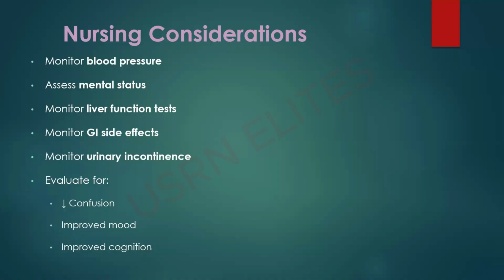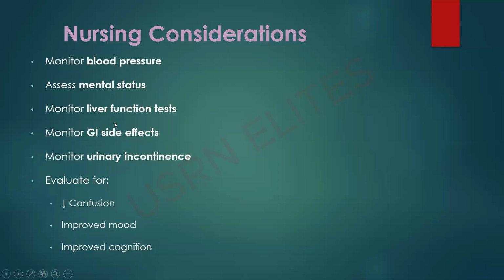Not always, but you have to monitor blood pressure. Very important. This is like normal vital signs. Even heart rate, you have to monitor, and you have to assess the patient's mental status. It's part of the diagnosis. So if they are doing well or symptoms are improving, you will know during your mental status examination.